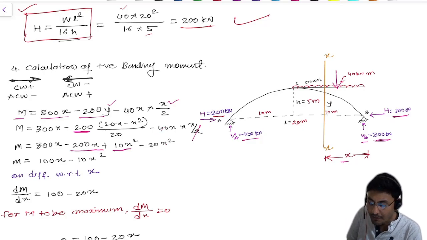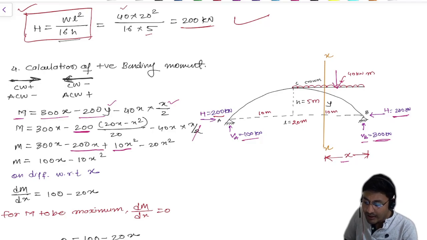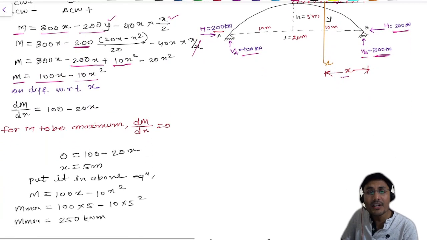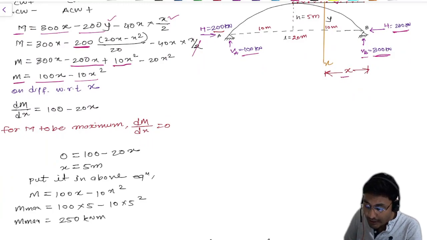Correct? Now after that, you will get the calculation: 300x minus 200x is 100x, and 10x square minus 20x square is minus 10x square. So you got one moment equation over here. Now you need to differentiate this moment equation with respect to x.